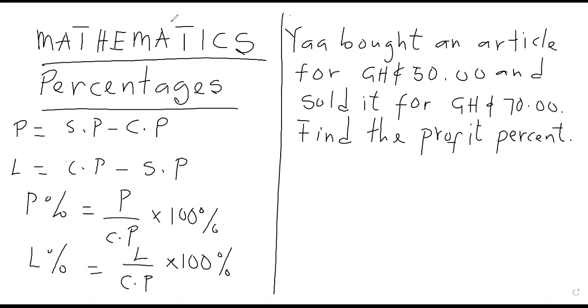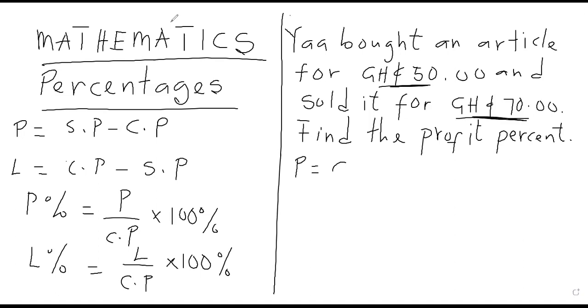Okay, so profit percent. To determine the profit percent, we need a profit. So profit should be equal to the selling price minus the cost price. The selling price is 70 Ghana cedis and the cost price is 50 Ghana cedis.